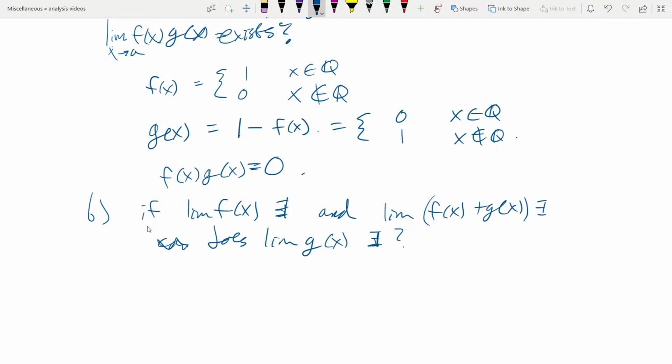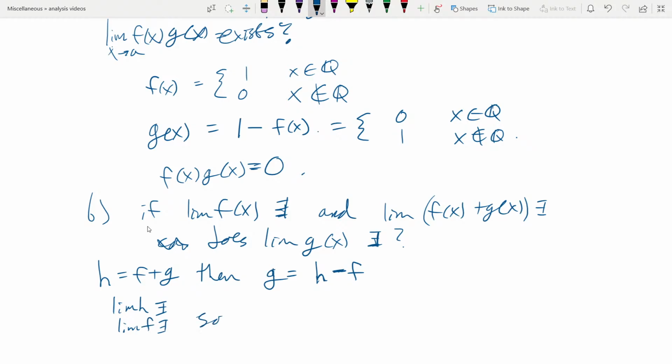Okay. So the idea here is if we set h equal to f plus g, then g is equal to h minus f. So g is actually equal to the difference of two functions whose limits exist, right? The limit of h exists and the limit of f exists.